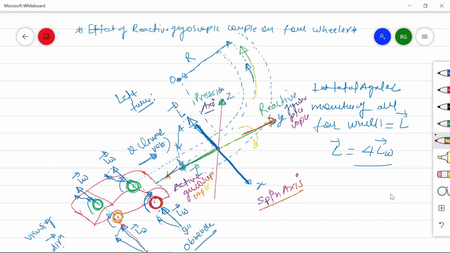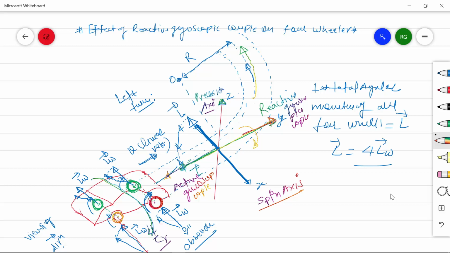So this is the effect of the reactive gyroscopic couple. If we draw this effect on this four-wheeler, this would be the reactive gyroscopic couple. This would put an effect in this manner.